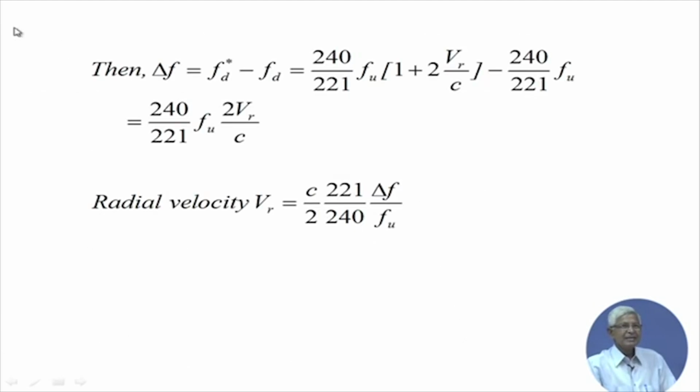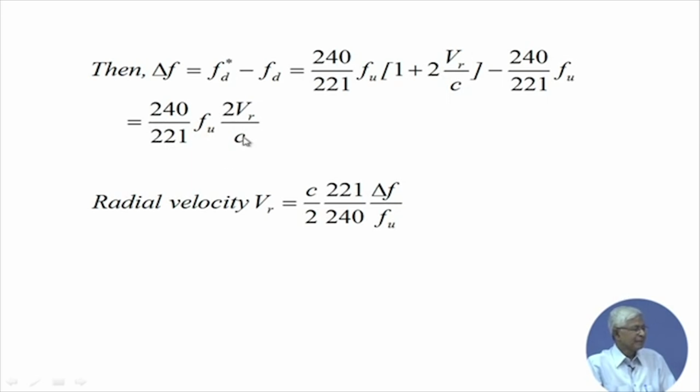Now, the downlink Doppler that the receiving earth station is seeing, that is delta F, will be FD star minus the downlink frequency it is supposed to be. So, it will be 240 by 221 FU into 1 plus 2 VR by C minus the expected downlink frequency, which is 240 by 221 multiplied by FU. Now, by reducing, this expression will be 240 by 221 FU into 2 VR by C.